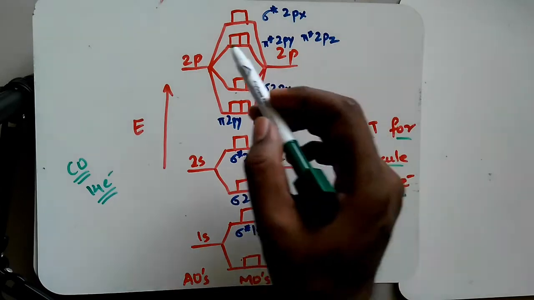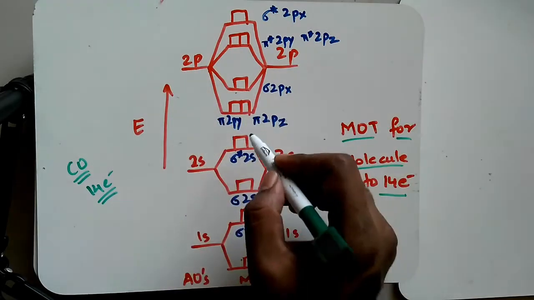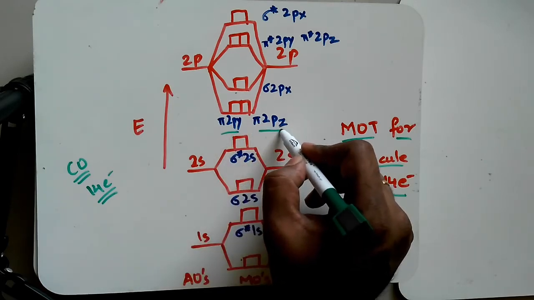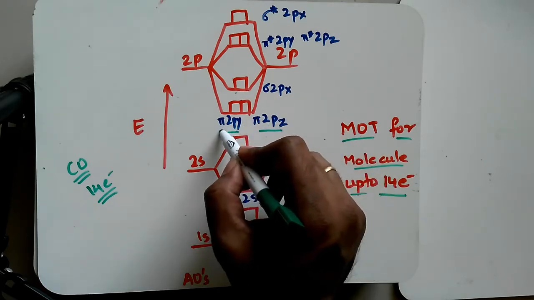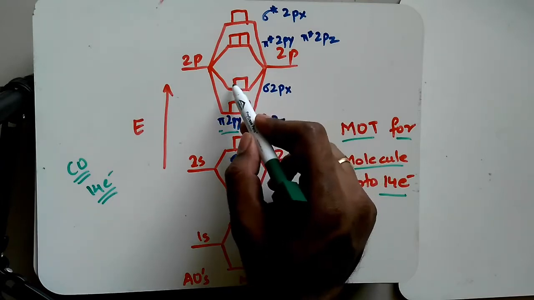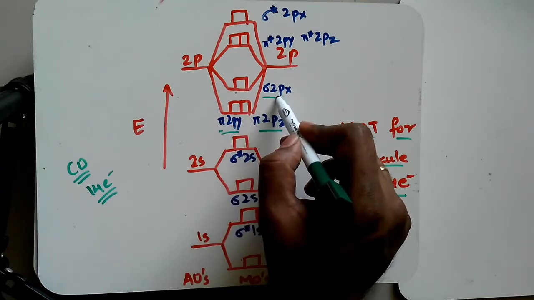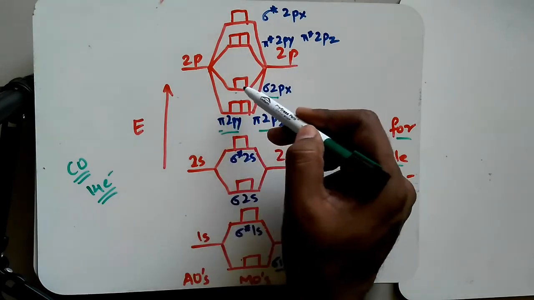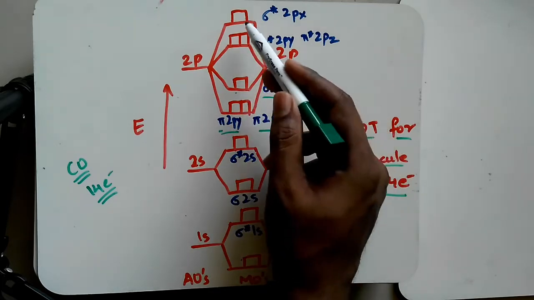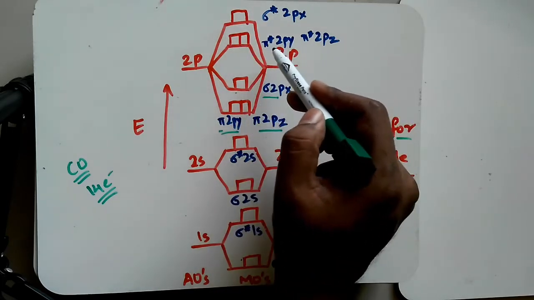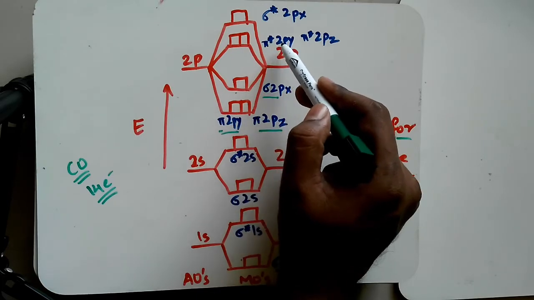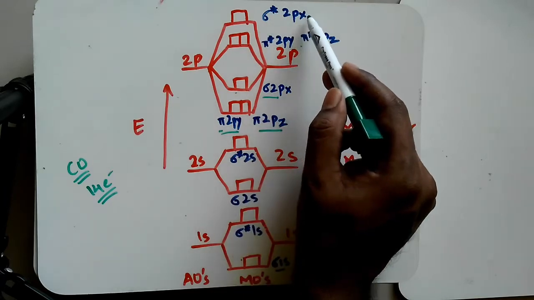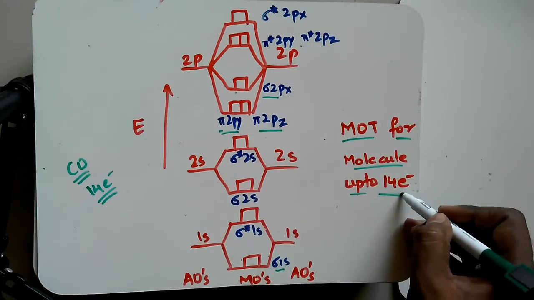Same with 2s. Now regarding 2p orbitals, we have pi 2py and pi 2pz, which are pi orbitals, and then we have the sigma 2px orbital. These are bonding orbitals and these are anti-bonding orbitals: pi star 2py, pi star 2pz, and sigma star 2px. So this is for up to 14 electrons.